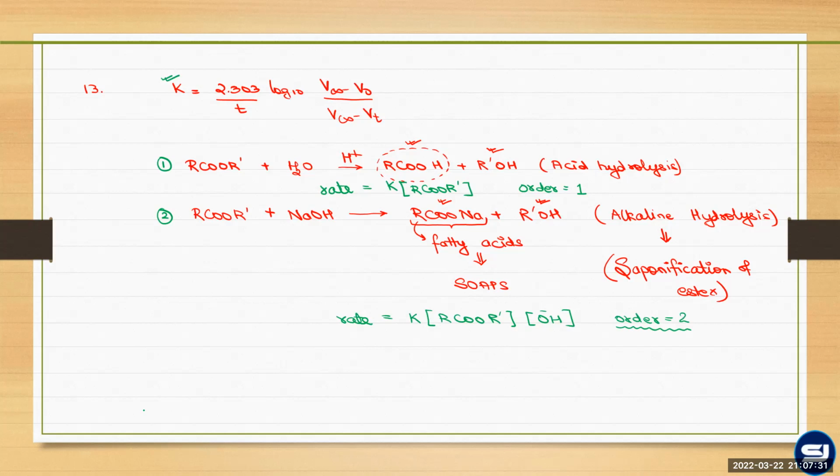If ester is 50% neutralized, then the relation of V infinity कौन सा correct है वो आपको verify करना है. क्या V infinity Vt के बराबर है, या Vt minus V0 है, या 2Vt minus V0, या 2Vt minus V0. Option C and D same हो गया है actually. क्वेश्चन क्लियर है क्या?